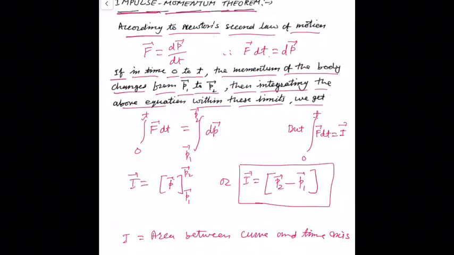Example of Newton's second law of motion. While catching a fast moving cricket ball, a player lowers his hands. The reason is that initially the ball is moving and the player applies a retarding force by his hands to stop the ball.